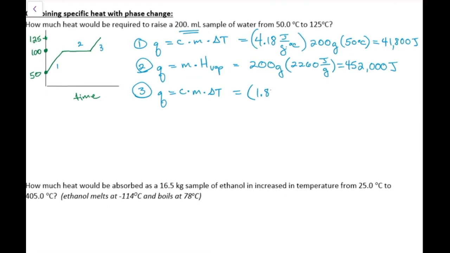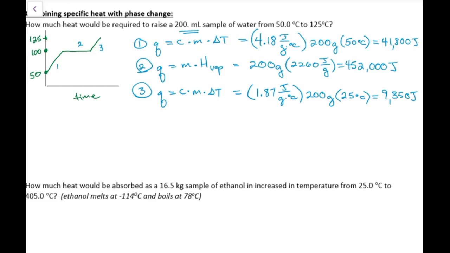So 1.87 joules over grams times degrees Celsius. We're still dealing with 200 grams of it. This time our temperature change is just from 100 up to 125. So that's a 25-degree temperature change. And I plug these in the calculator and I get 9,350 joules.